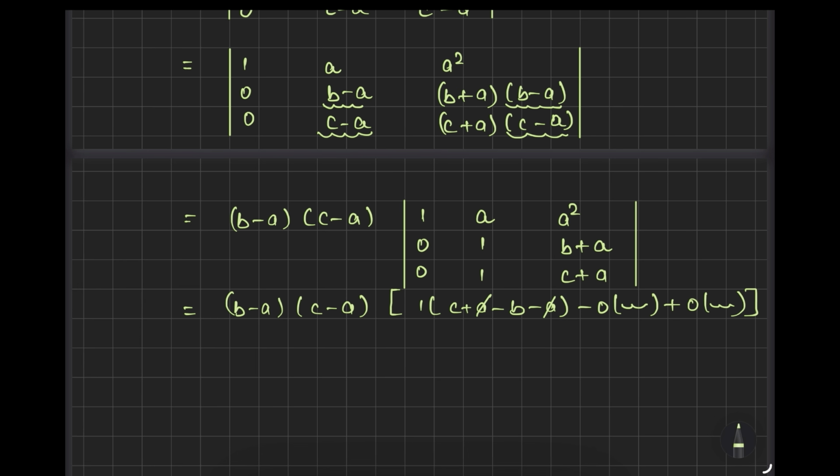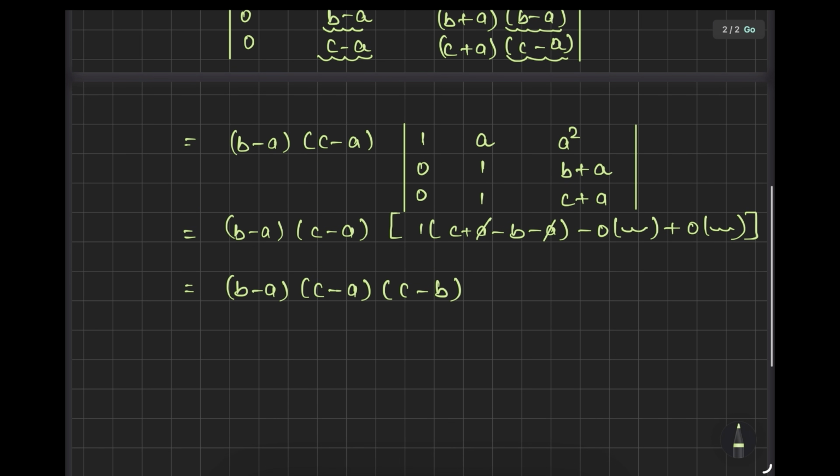So we are left with, look at this, b minus a, c minus a, and c minus b. If you observe, suppose I am giving you three elements a, b, c, and you have to write this thing this way, you will always prefer a minus b, b minus c, c minus a, but this is not going in that direction.